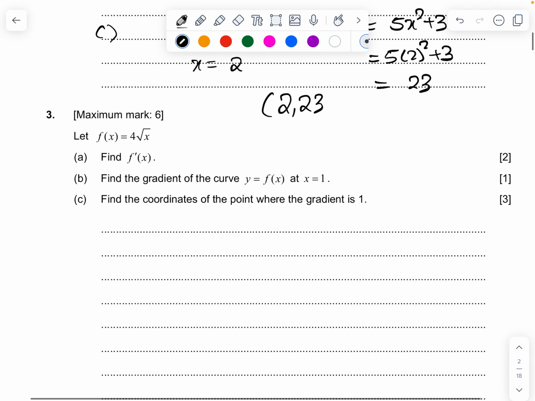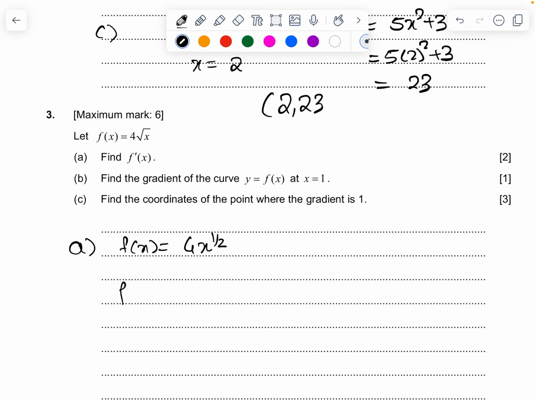Next, question number 3. F of x is given as 4 square root of x. Find f prime x. So f of x equals 4x to the power of 1 by 2.